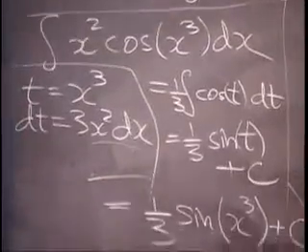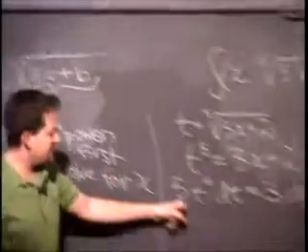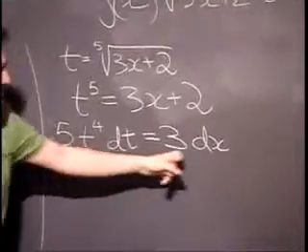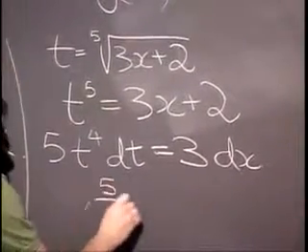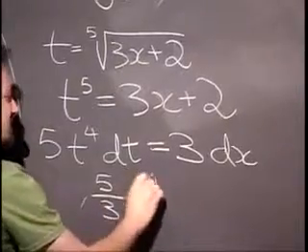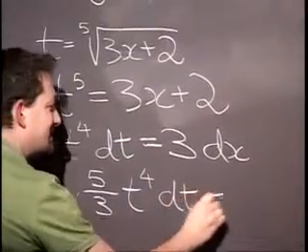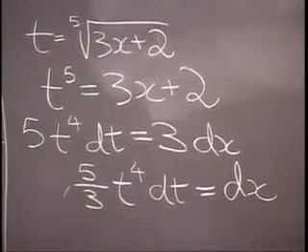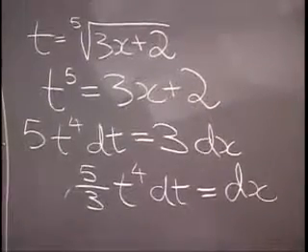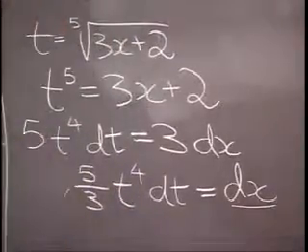But in this case, back down here, we can actually solve for dx very simply, just by dividing by 3. So you actually get 5/3 t to the fourth dt is dx. It's a little bit different. I just want you to contrast that with the fact that we can actually substitute for dx.